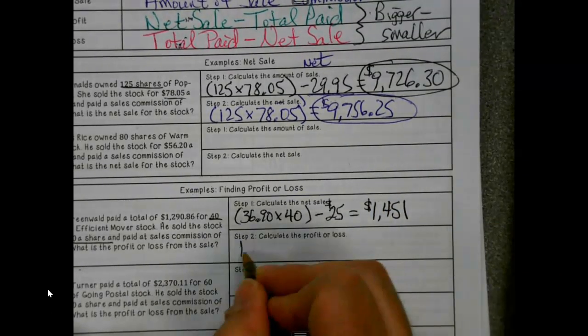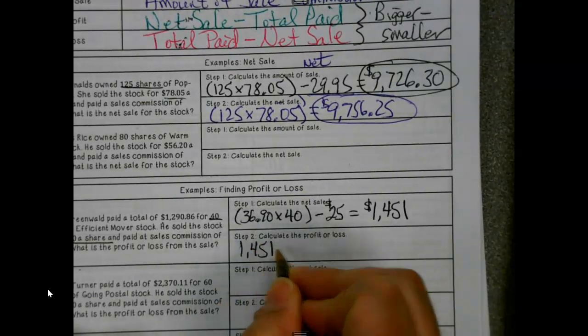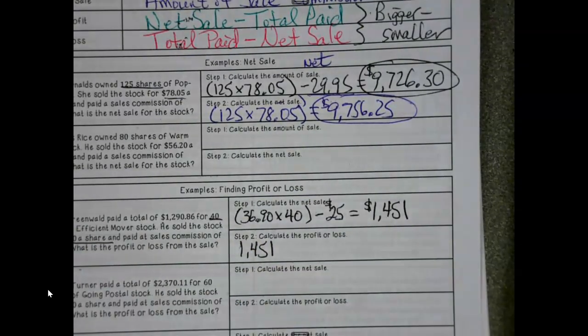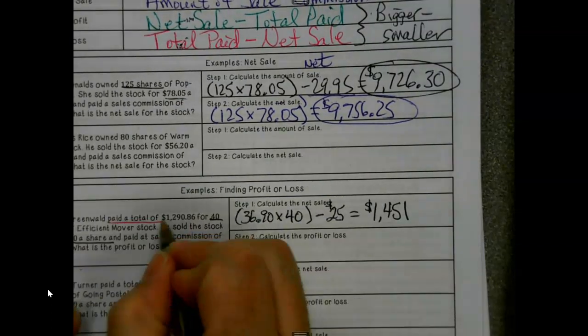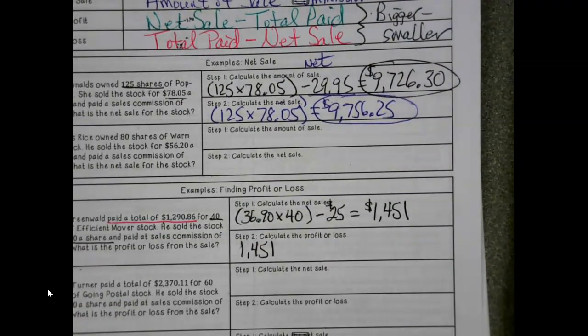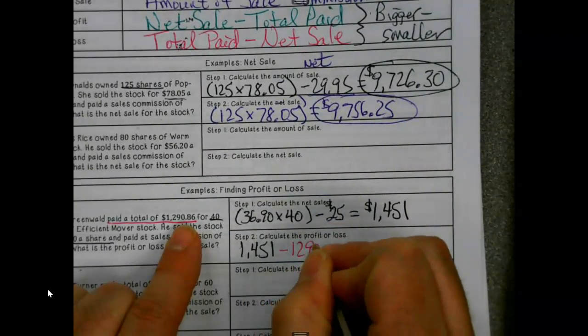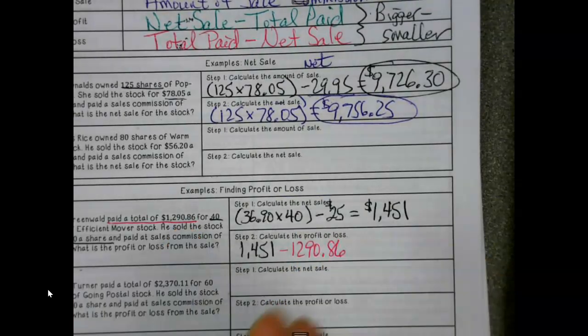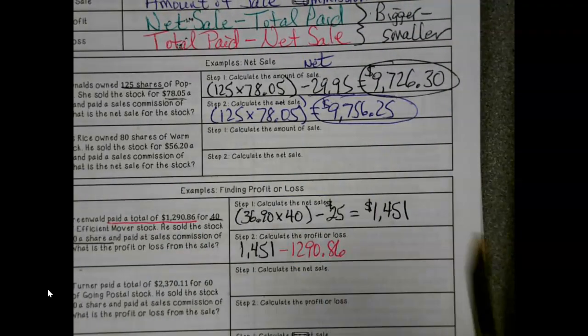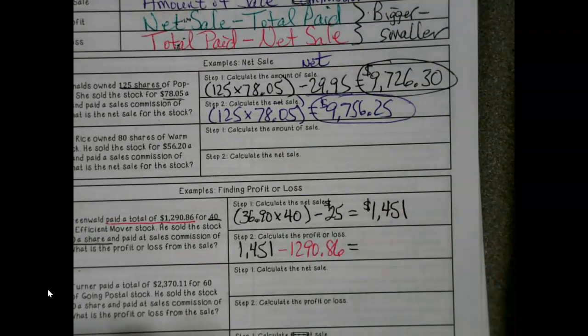But, and I'm going to assume that it was included when it said I paid a total of $12.90.86, since it doesn't say anywhere else about having to add on the initial commission. So we'll just subtract that out.